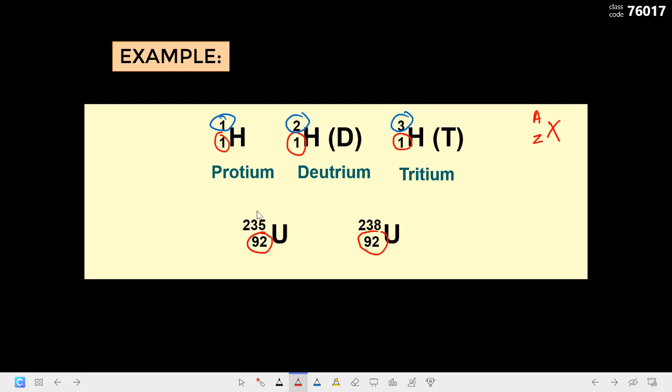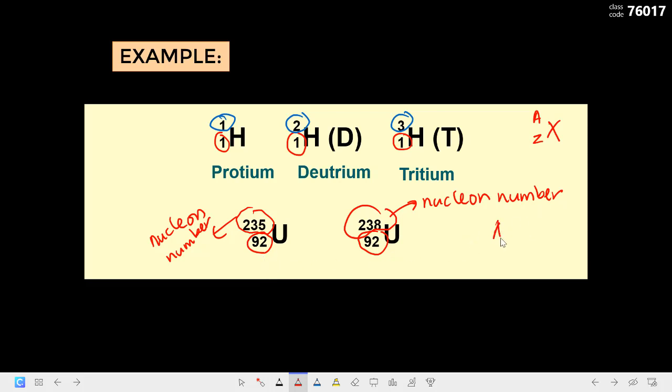So yang atas ni apa? Ini adalah nuclear number. And same goes to the uranium 238. So this is nuclear number. So they have same number of proton but different number of neutrons.